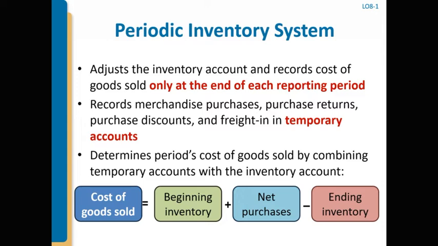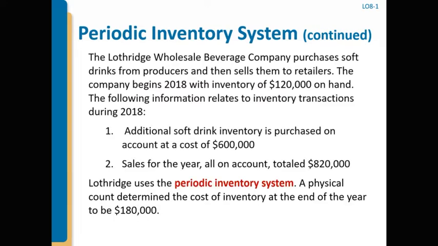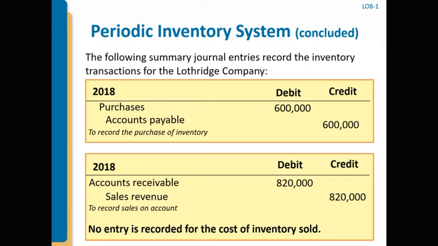And in the periodic inventory system, cost of goods sold is equal to beginning inventory plus purchases minus ending inventory. This is how we calculate the cost of goods sold under the periodic inventory system. This is really easy.